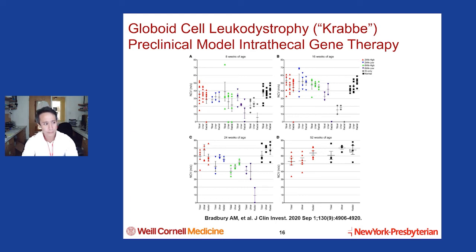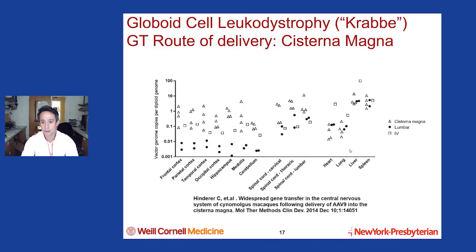So thinking about routes of delivery, this is work done by Hinderer et al., showing that we can give AAV a lot of different ways, IV being the squares, through a lumbar tap being the circles, and then through the cisterna magna being the triangles.